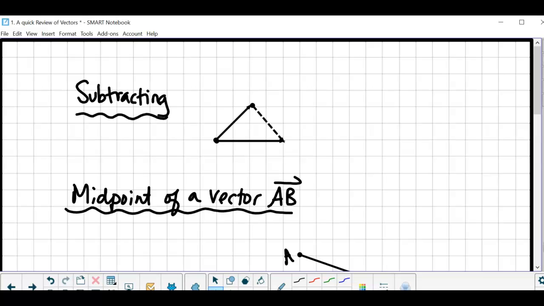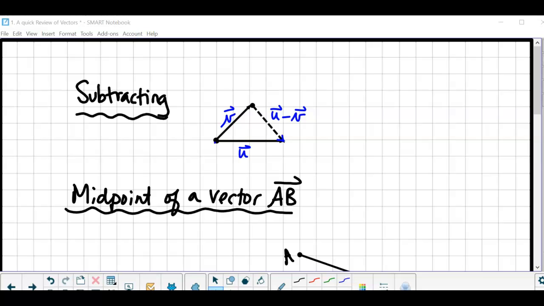Subtracting vectors. So let's say this is u and this is v. Again, tails together. If we join the arrowheads of those two, then really think about what's happening here. This arrowhead is at the end, so it's going to be vector u, and then you're really going backwards from there, so you're subtracting vector v.